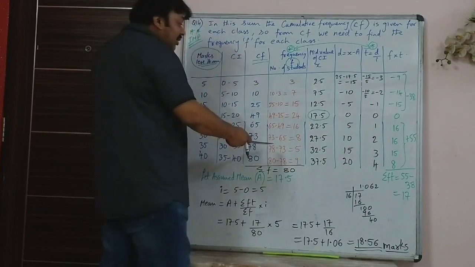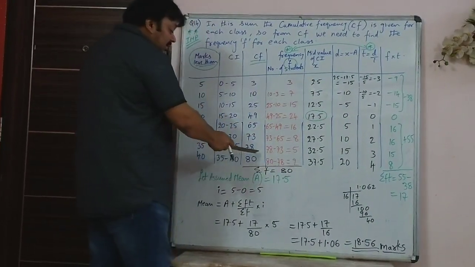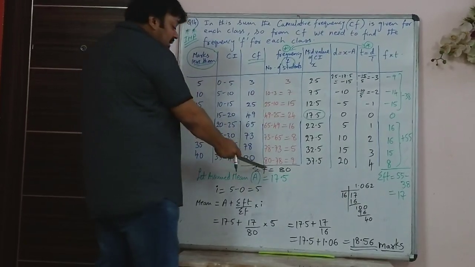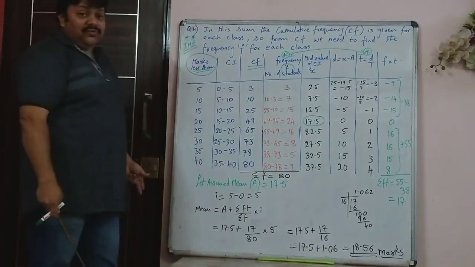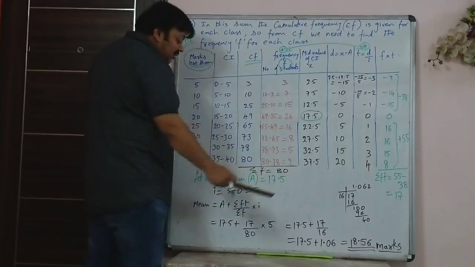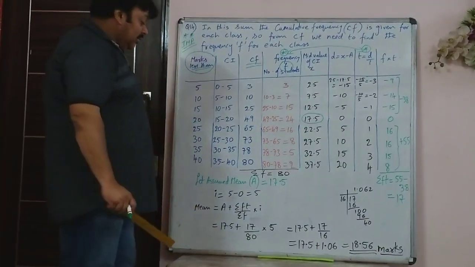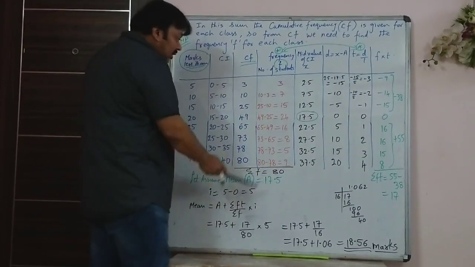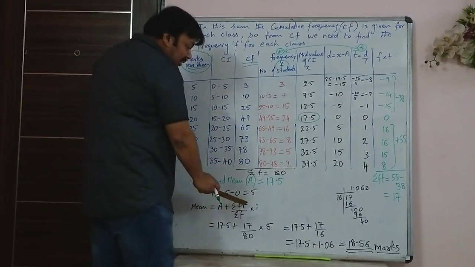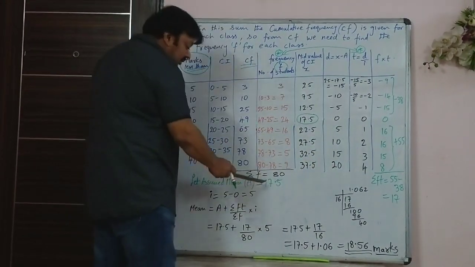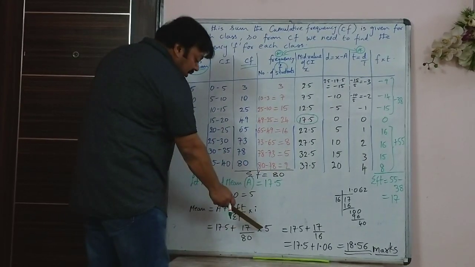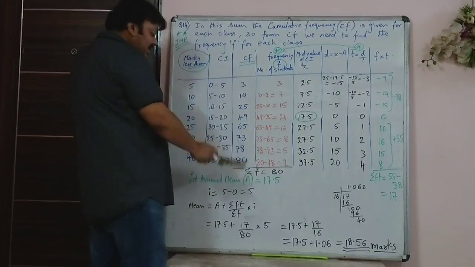Sigma f, I need not sit and add all this because the final number of the cumulative frequency itself is sigma f. So sigma f in this case is 80. So the formula: assumed mean 17.5 plus sigma f t, 17, upon sigma f which is 80, into class size that is 5.